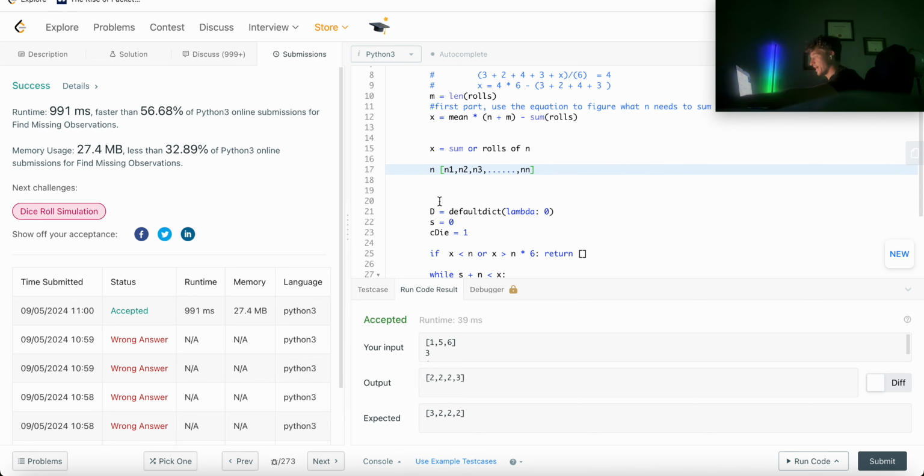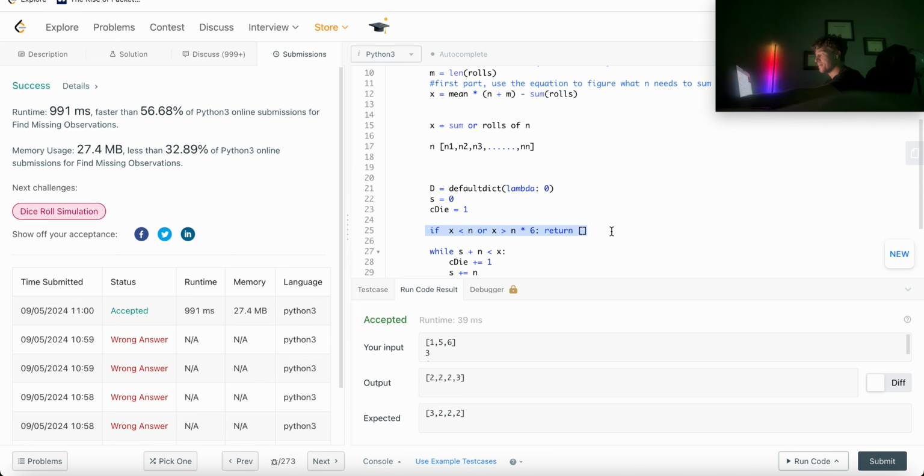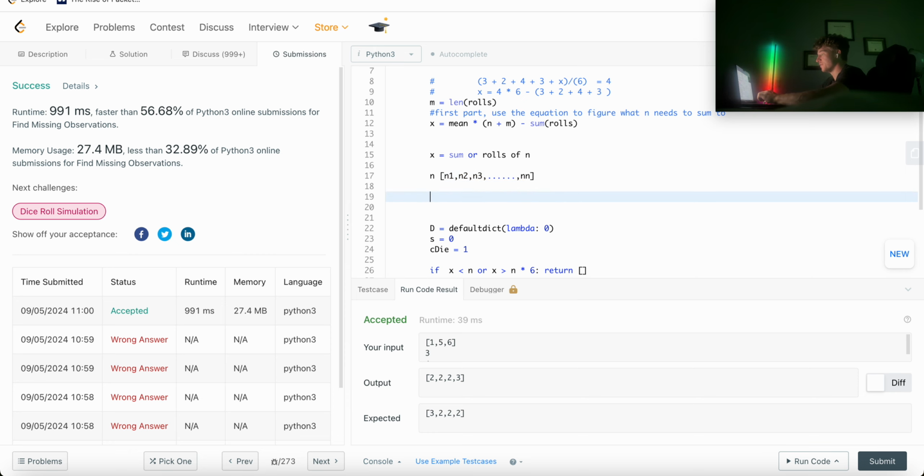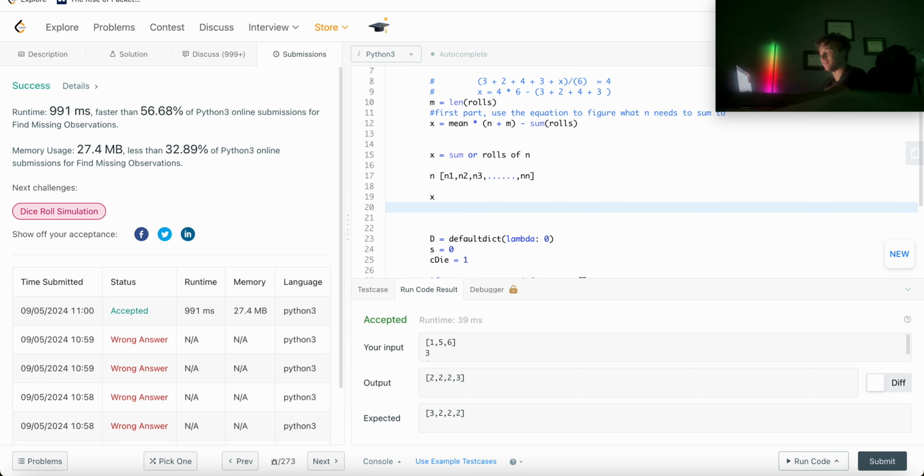Now the first question I asked to figure out if this can even be done is, well, if I have to roll n dice and get the value x, what's the minimum? If I roll n dice, what's the minimum value I can get? They're all ones, right? Which is just equal to n. The sum is then just equal to n as a consequence. If they're all ones, that's the minimum roll I can do. The minimum roll I can do is I only roll ones.